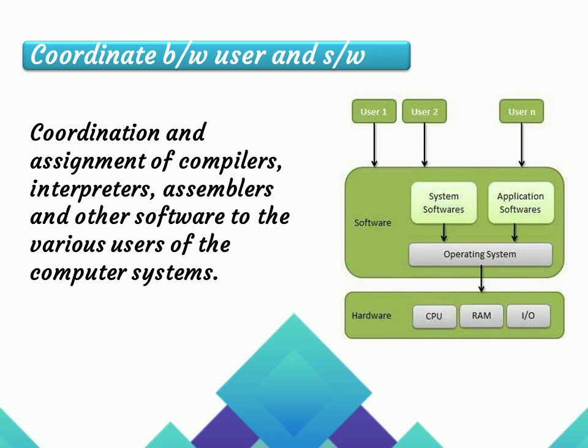The user is going to access many kinds of software, like application software and system software. According to the user's request, the OS responds to the user, and it also manages the work of the hardware and the user. So this is how the OS provides coordination between the software and the user.